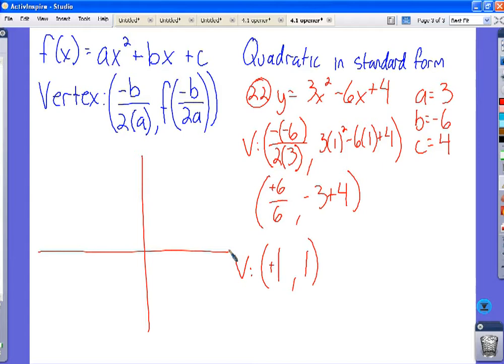Where did the negative b over 2a come from? Well, I would have to look at it and figure out how to derive that again. But for now, it just comes from, I told you. I don't love that, but there are some things that you can apply, but to understand them would take a more lengthy discussion.